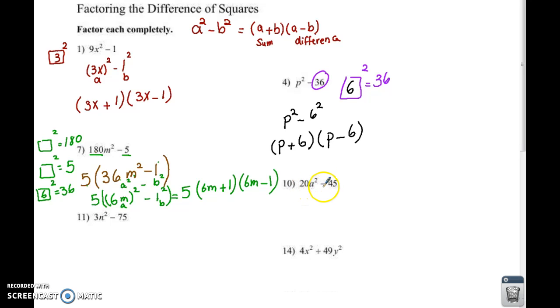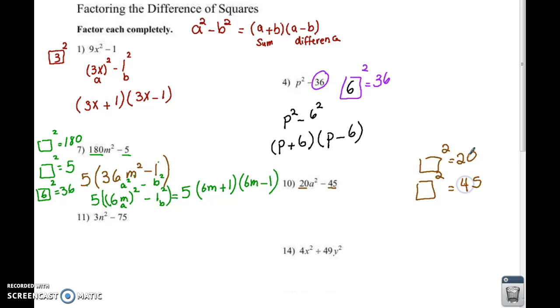20a squared minus 45. Again, we have the same problem. We do not have a perfect square. No base to the power 2 equals 20. No base to the power 2 equals 45. If that's the situation, always think about factoring out.